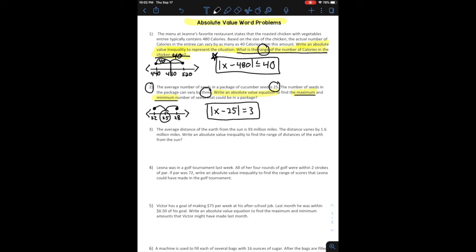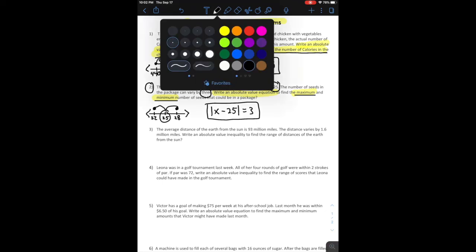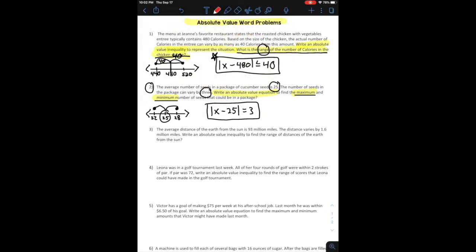Again, you could always double check to see if you're correct by solving the equation or inequality you make. For example, if I wanted to check to see if this equation would give us the answers 22 and 28, we could simply just solve. The absolute value of x minus 25 is equal to 3, so x minus 25 equals 3, and x minus 25 equals negative 3.